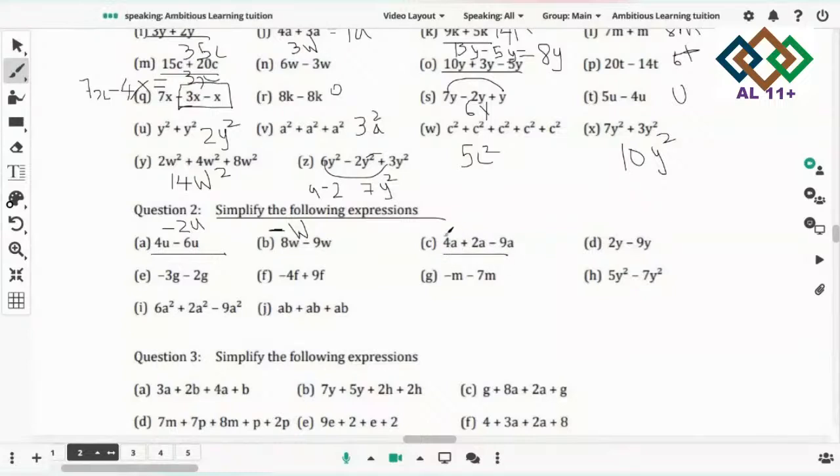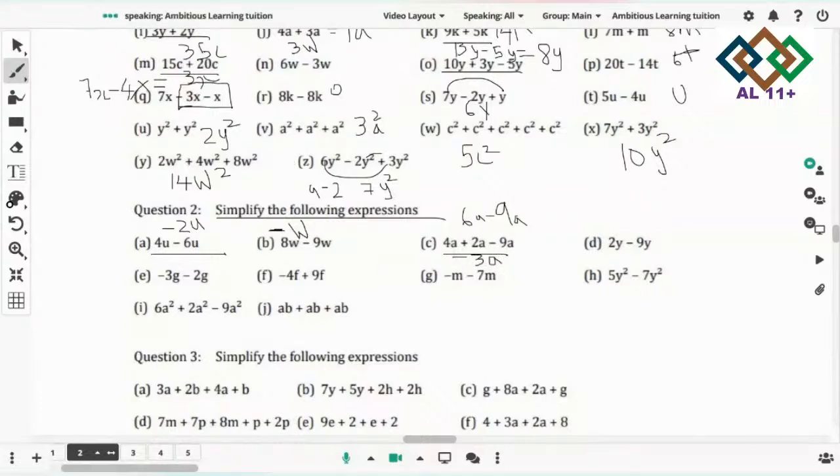And then for C, you have 4a plus 2a, that's 6a, minus 9a, and when you minus that, it will be 3a, but we will take the sign of the bigger one, that's 9. That would be minus 3a.